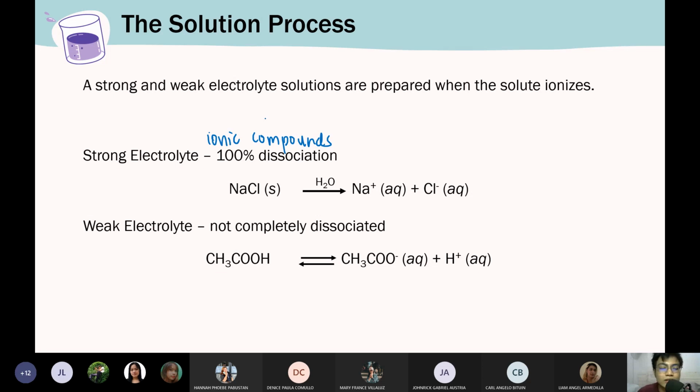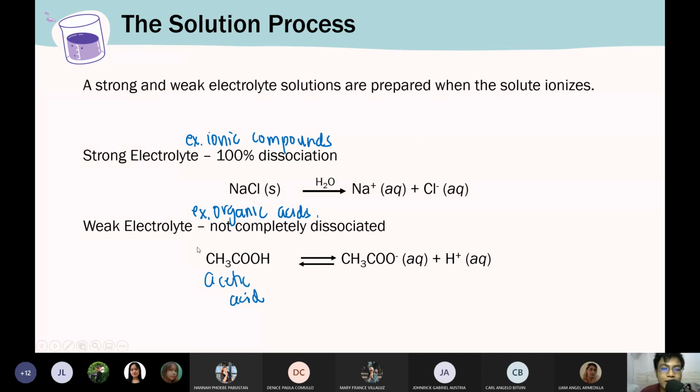If you have weak electrolyte, ito yung mga, let's say, organic acids, ayan. So, weak electrolyte yung mga yan. Okay? So, those are just some few example. Tignan nyo to. This is vinegar. No? This is acetic acid. Okay? This is your acetic acid.